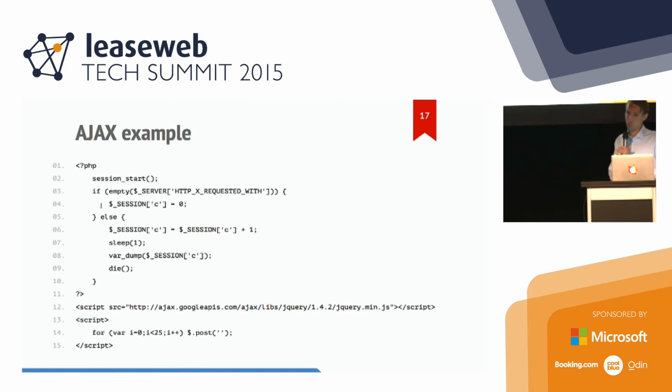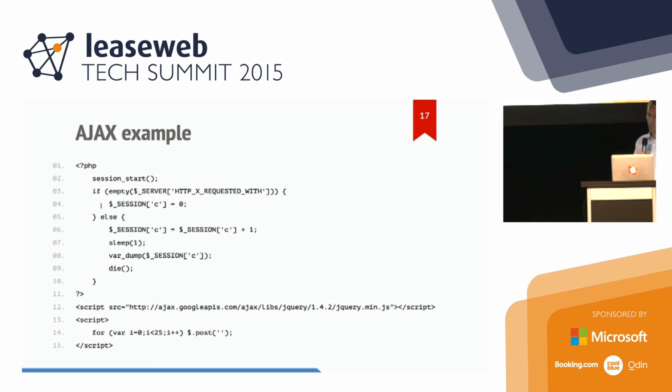So I wrote a script, and I'll make this available on the web so you can run it yourself as well. What the script does, I'm going to try to explain it fast. It calls session_start, and if this is the first request, it will initialize the session variable with 0.